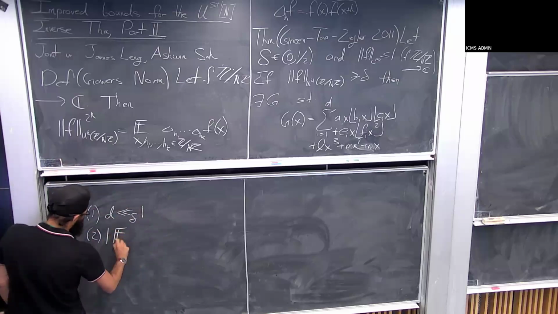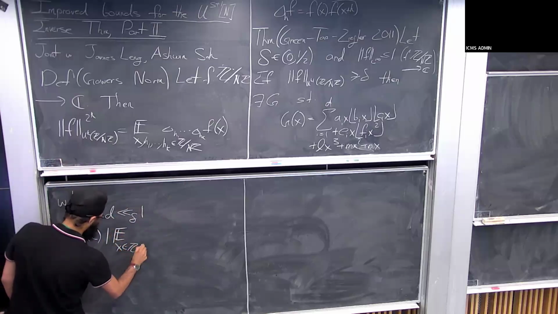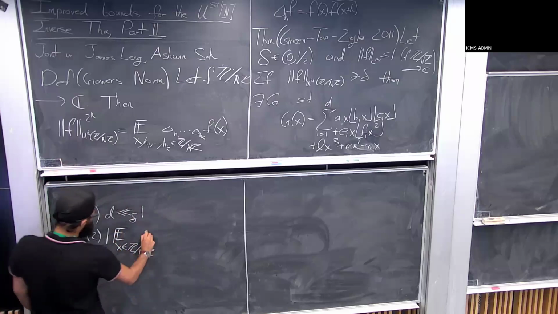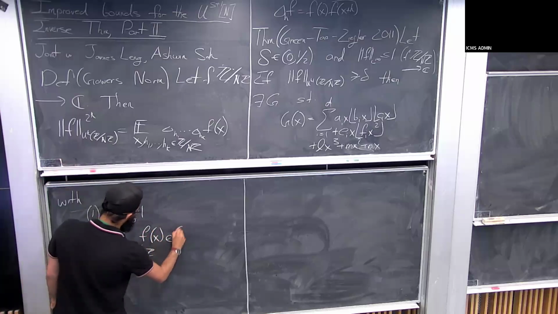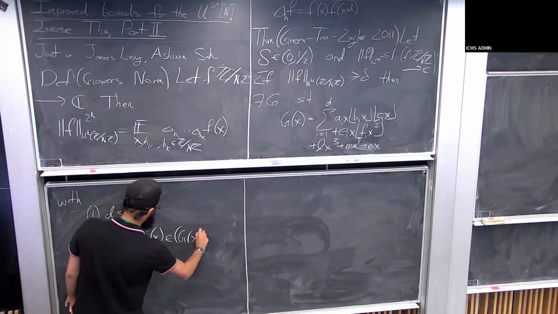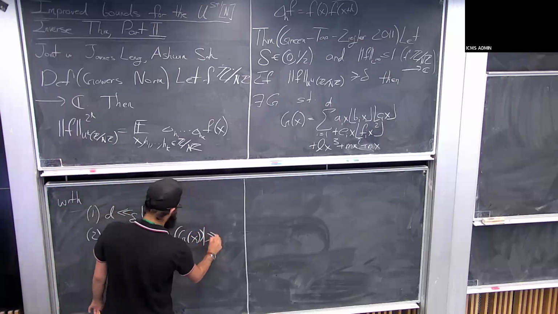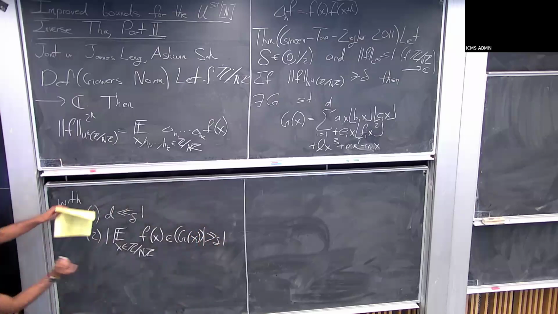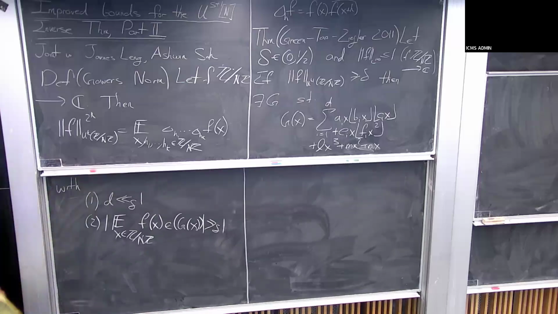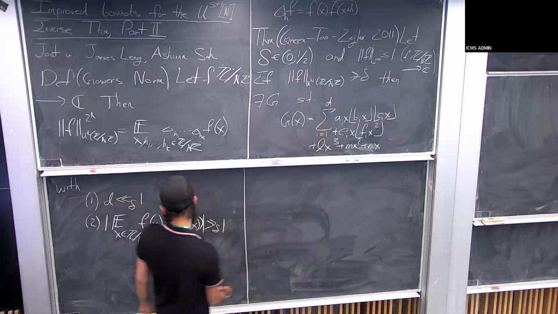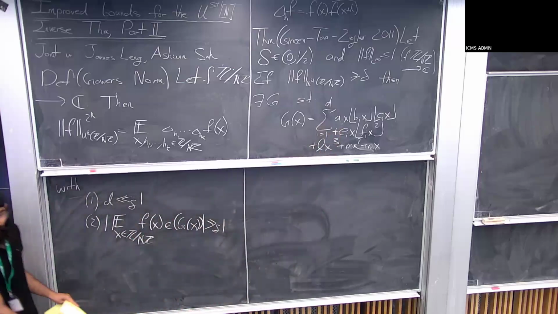So the expectation over x in Z mod NZ of f of x times e to the G of x is bigger than some absolute function of delta. So this expression is not arbitrarily complicated, and you correlate with it. This is the statement I'll be operating with for the rest of the talk.